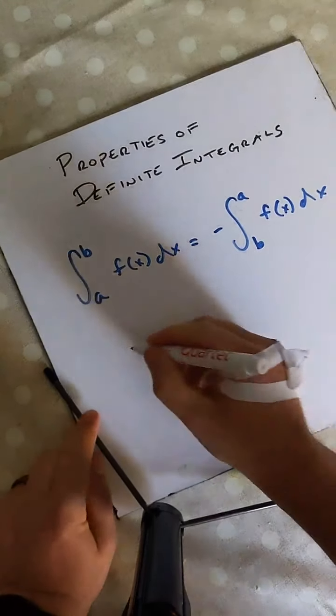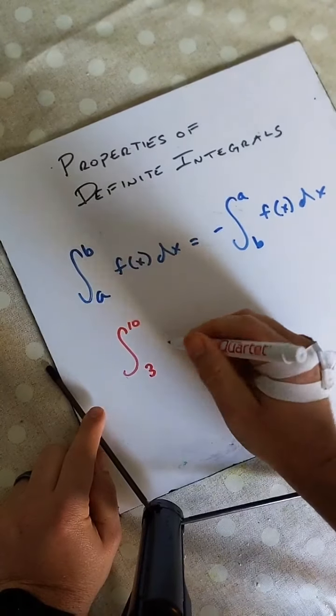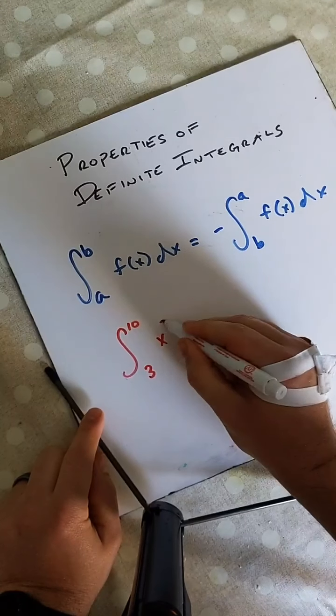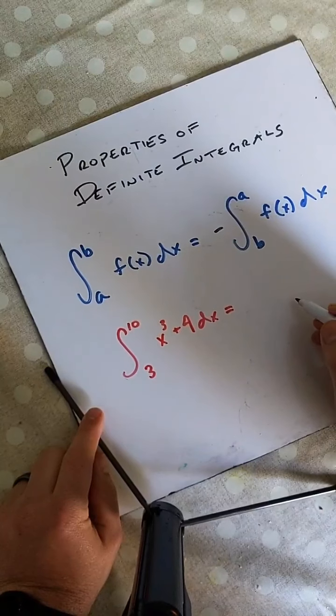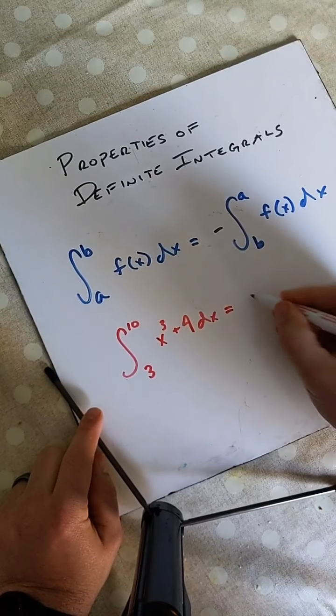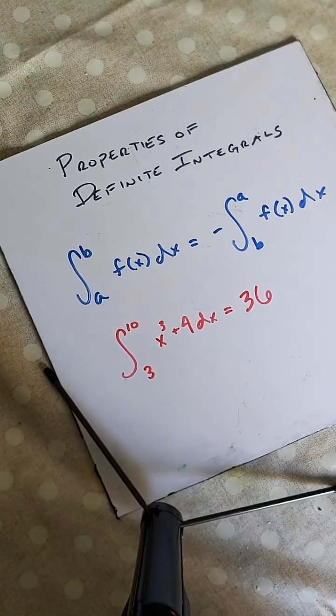Here we go. If I had the integral from 3 to 10 of, I'm just going to make up a problem, x cubed plus 4 dx, and I knew that was equal to, let's say, 36. I know it doesn't actually equal 36, but let's say it does.